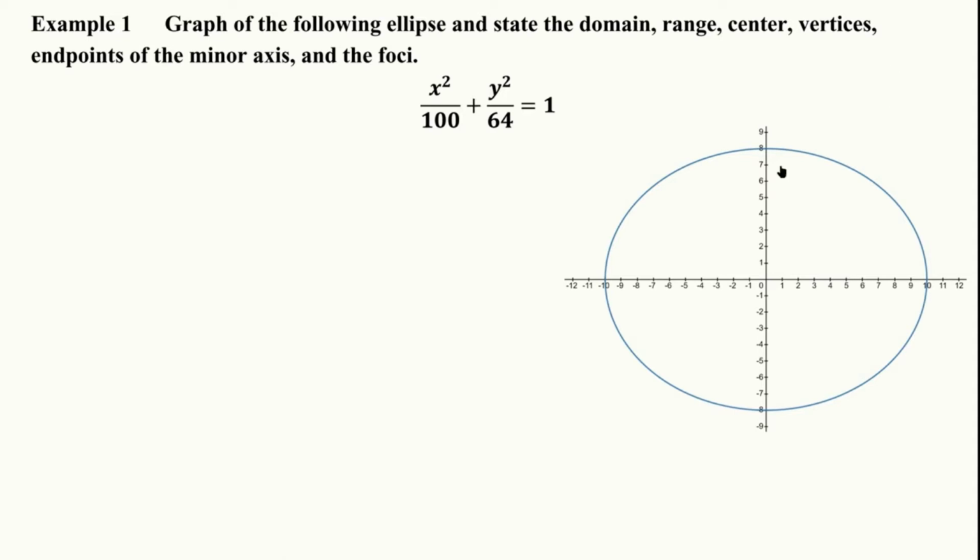So the first thing we want to notice in order to graph this ellipse is the fact that the number under x squared is the larger one, so therefore this is going to be a horizontal ellipse. We know that. So this 100 is going to be what we associate with a squared, right? Remember we use the letter a for the major axis.